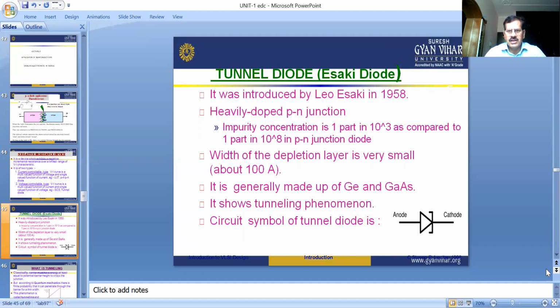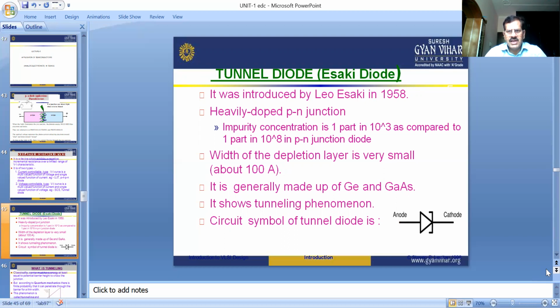Impurity concentration is 1 part in 10 to the power 3 as compared to 1 part in 10 to the power 8 in a PN junction diode. This is the ratio of the impurity concentration in the tunnel diode.